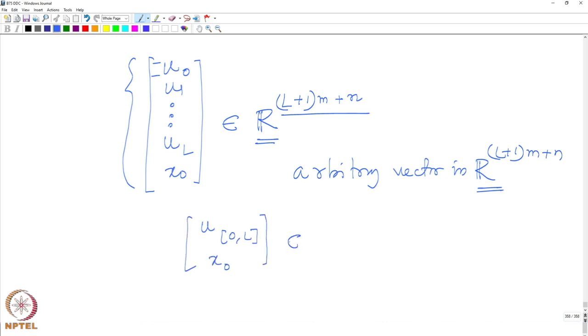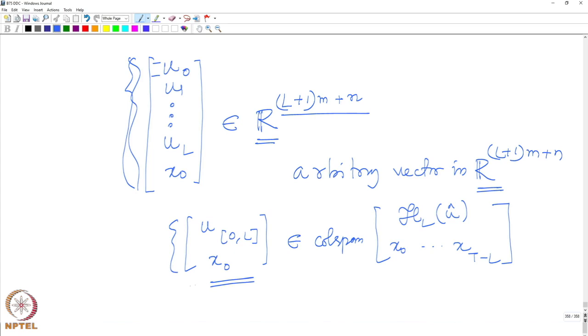So this must lie in the column span of this matrix H_L(u hat), and x_0 up to x_{t minus L}. I can choose this to be arbitrary, and still it will be in this column span.